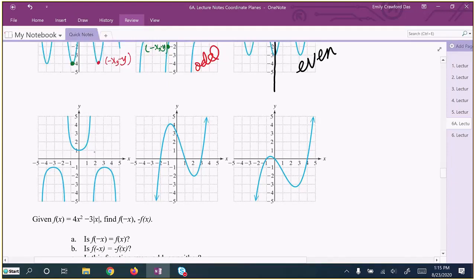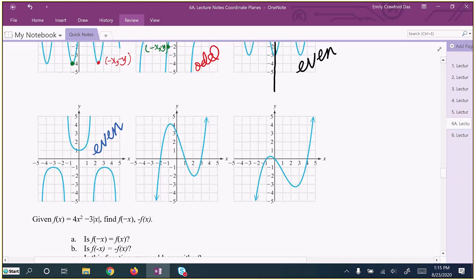This fourth graph is also even. Again, just from looking at it, it's symmetric with respect to the y-axis. I could also check that for any point (x, y), I can find (-x, y).